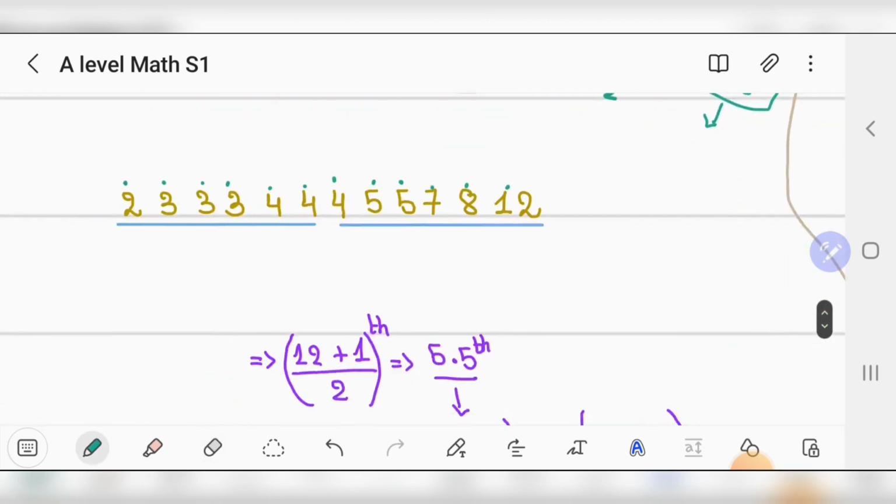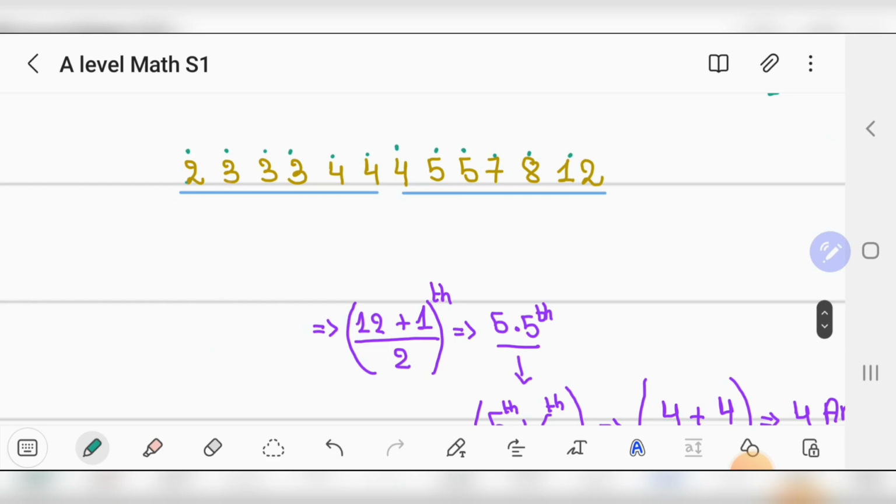So counting 1 2 3 4 5 6, this is the 6th, and this is the 7th. What is 6.5, in between these two numbers? How can we find it? That's very difficult, right?